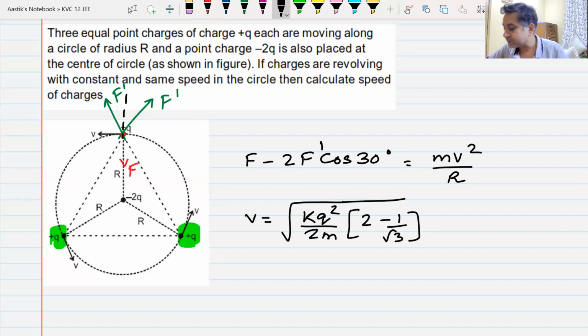That is the answer. See, we do each and every question for some reason. The problem is you are not concerned now. This equilateral triangle we had done before, and at that time you were not concerned.